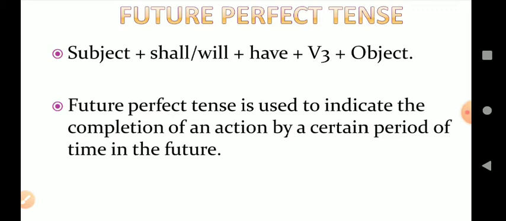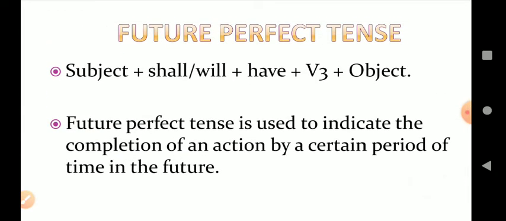Future perfect tense. Future perfect tense means those actions which will start in the future and will complete in the future also at a time. Means any action which will start in the future and will complete in that time only.